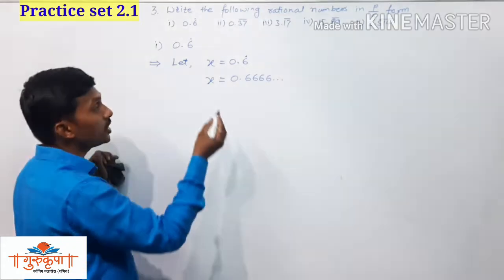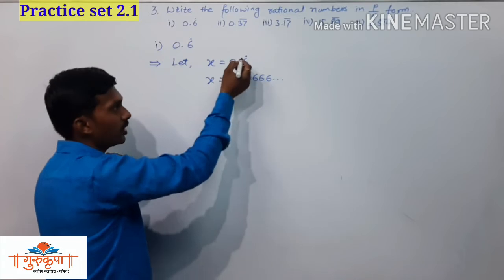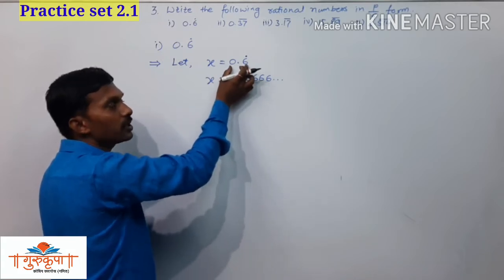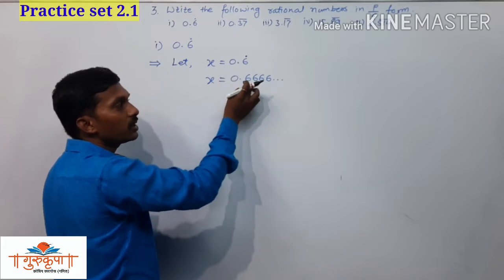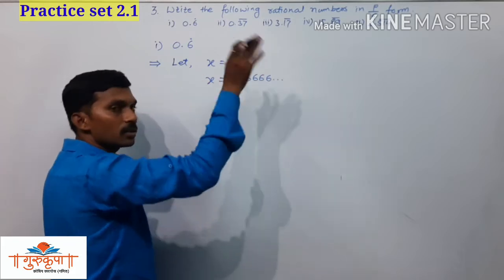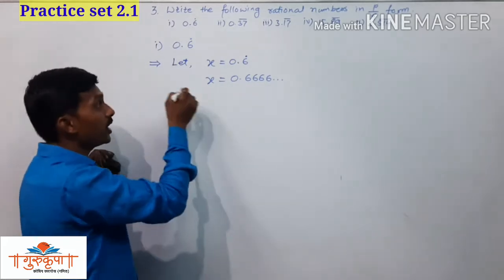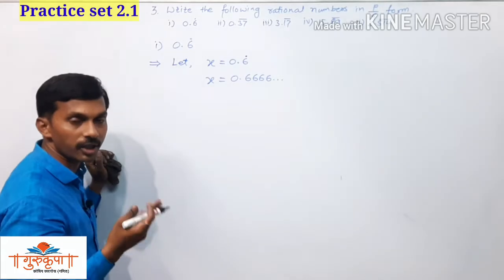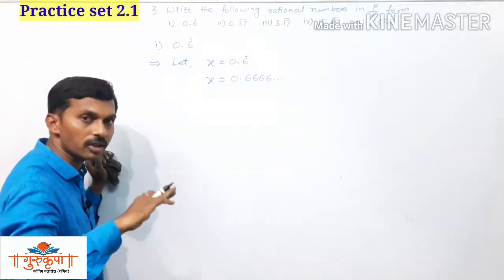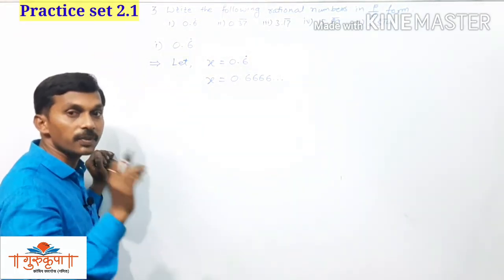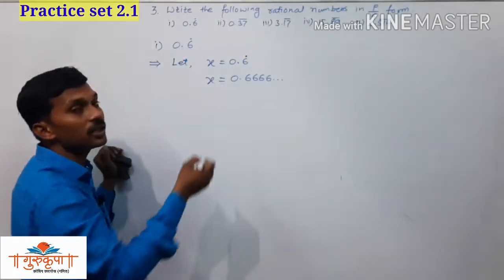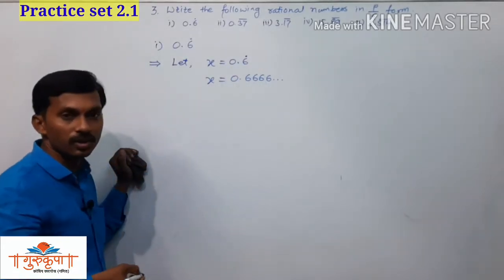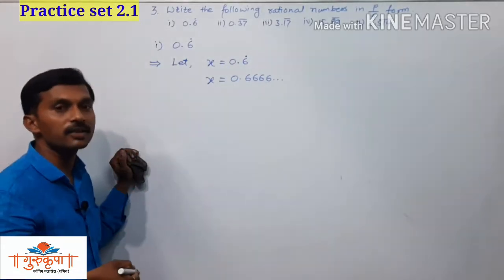Then into the second step, here we just change the form: 0.6 recurring we write as 0.6666 and so on. Now in the second step we multiply both the sides by either 10 or 100 or 1000 or 10,000 or 1 lakh. It depends upon how many digits get recurred, and here only one digit is recurred, so we multiply both the sides by 10.